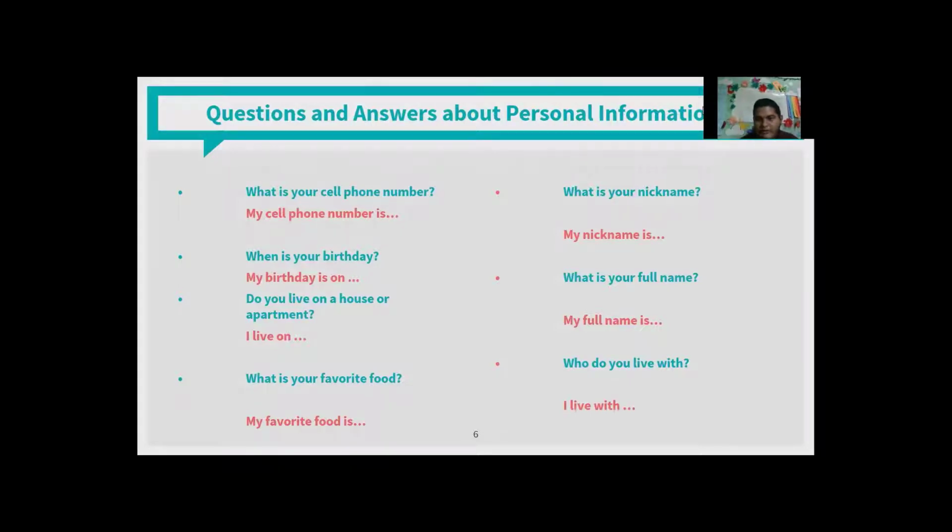Okay. What is your full name? My full name is Daniel Josue Ponce Aguilar. Another question is, who do you live with? In my case, I live with my mother. So this question is related to who lives with you. Okay.